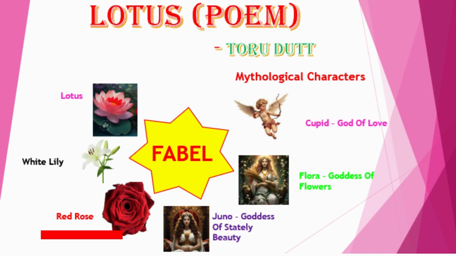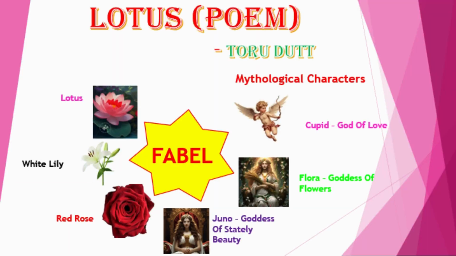Fourth mythological character is the Rose flower, personified as maiden, bride, mother. And the fifth mythological character is the Lily, personified as the rival beauty. And the last mythological character is the lotus flower, personified as grace and beauty, resilience and spiritual awakening.